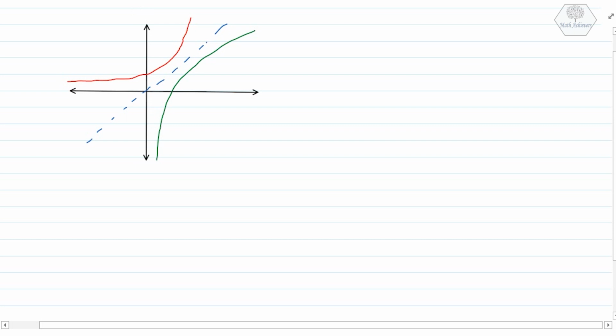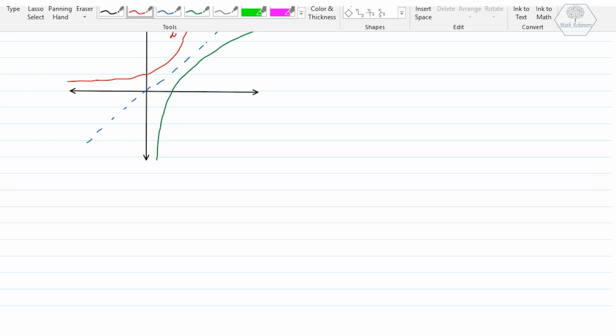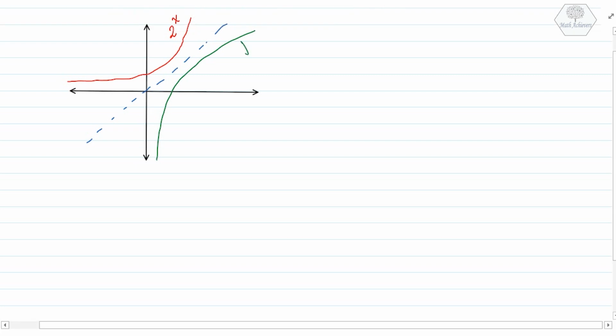The red function is 2 to the power of x, and the green one is log x to the base of 2.